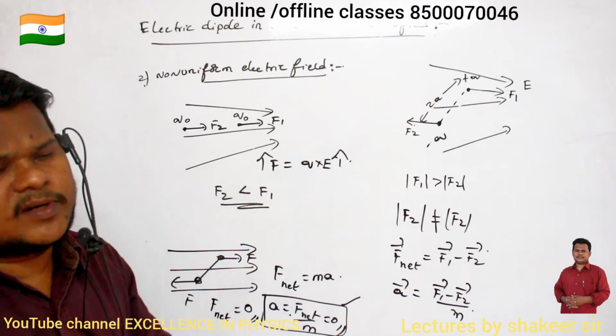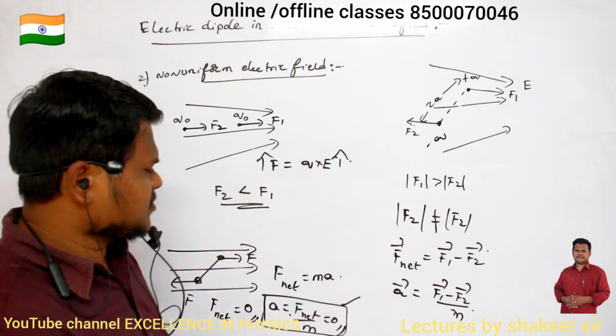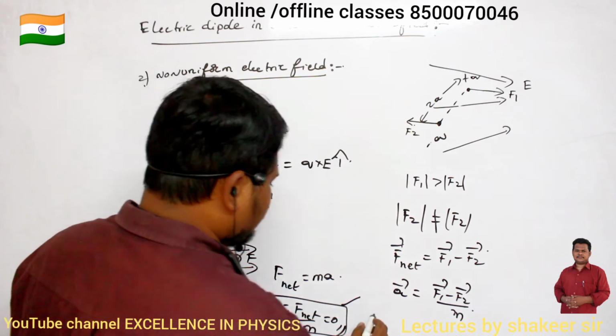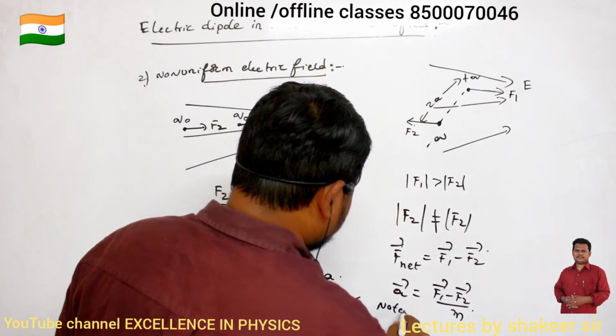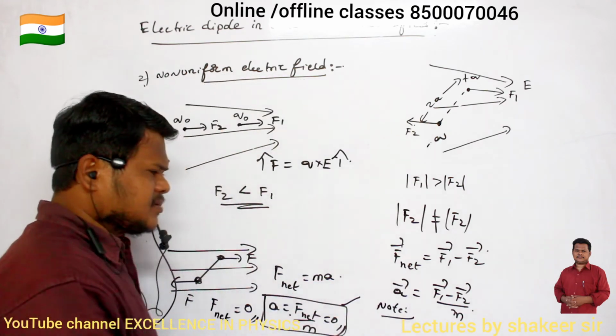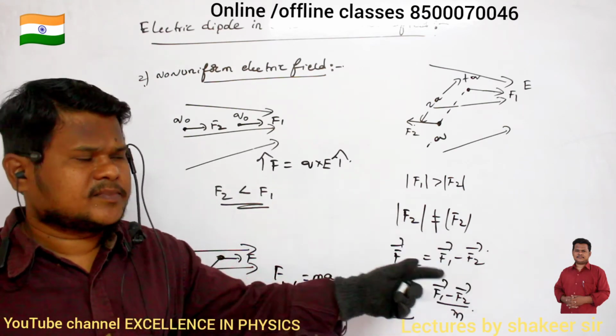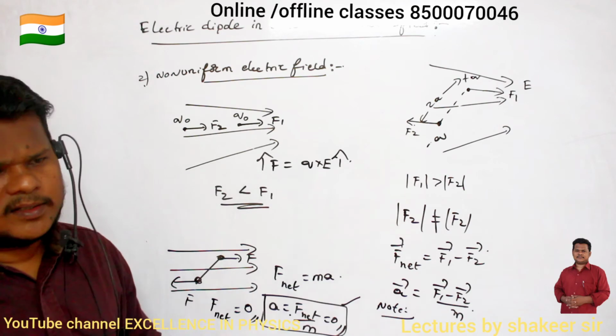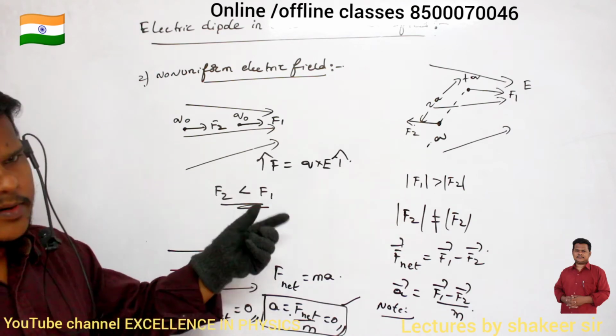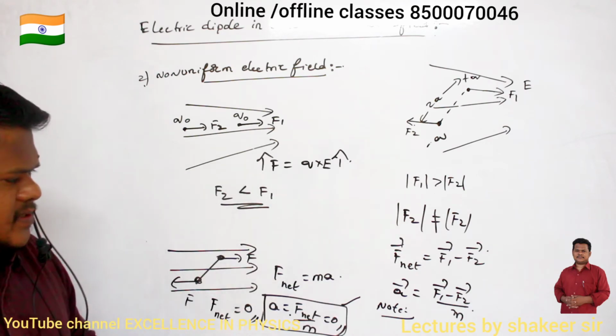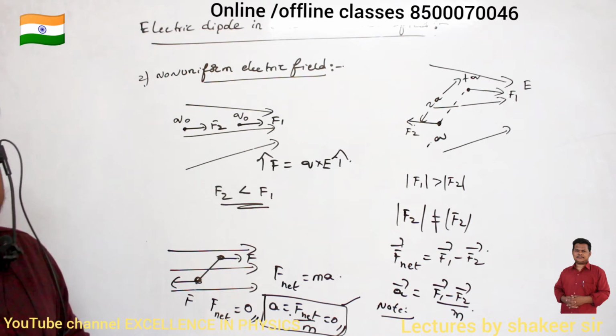That is what will happen. Clear? So make a note up to here. The note point is that because there is some net force, the dipole will accelerate. Similarly, the dipole will also rotate. That is the note point you have to write. Clear? Okay.